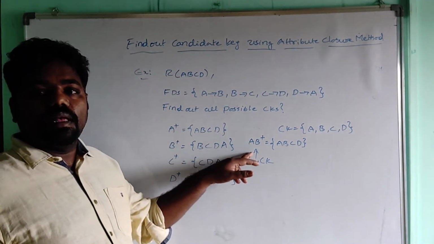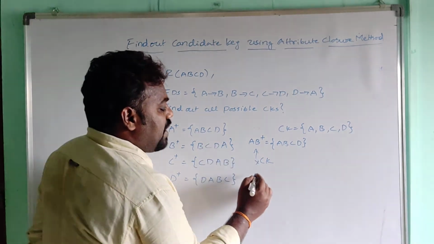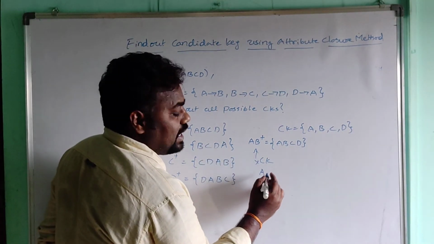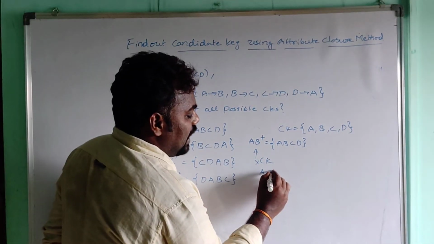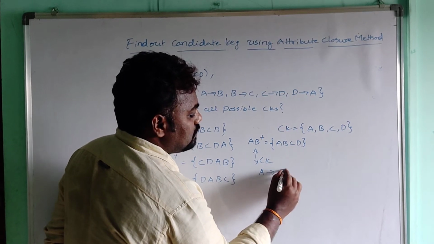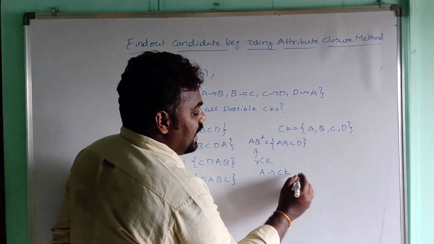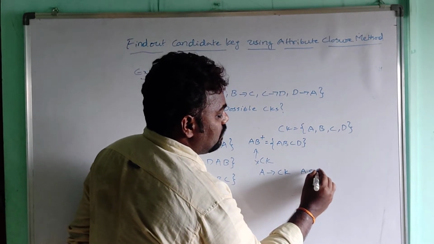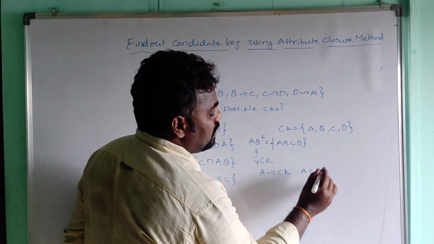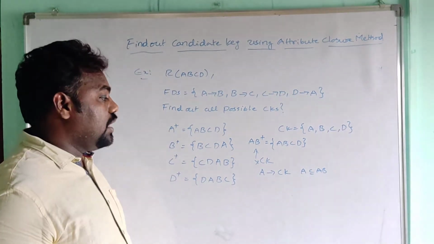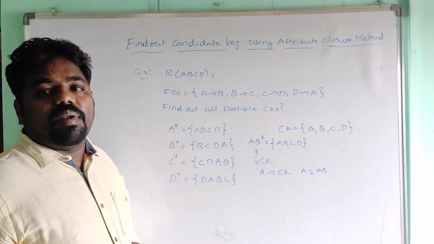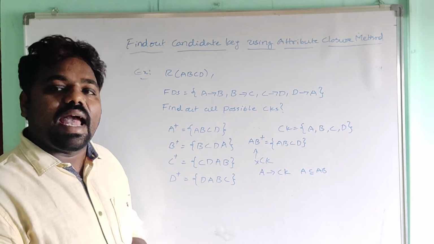Why? Because the subset of AB, that is A, is already a candidate key. That's why AB plus is not a candidate key.